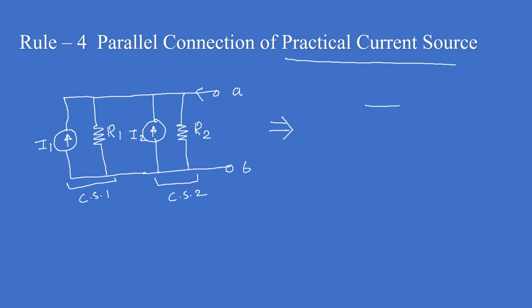Its equivalent source again will be a practical current source like this. This is the value of resistance, which is R equivalent, and this is the current source whose value is I equivalent.